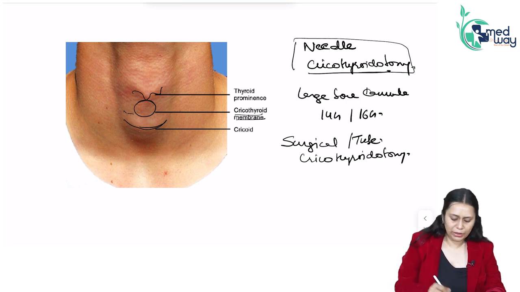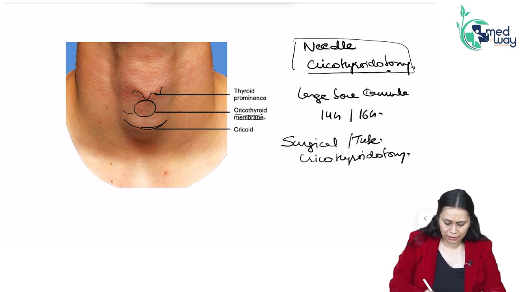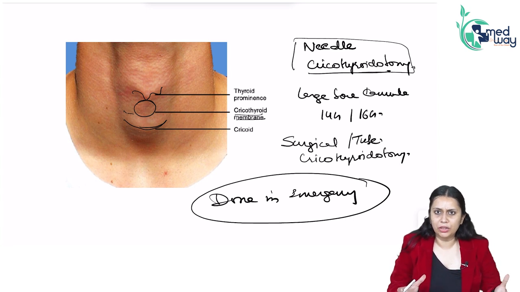In this, we can use a set through which we can insert into the cricothyroid membrane and put a smaller size endotracheal tube through it. So this is cricothyroidotomy done in emergency. Remember, it is done in emergency, and this is just a temporary way of securing the airway for ventilation, not a definitive management of airway.